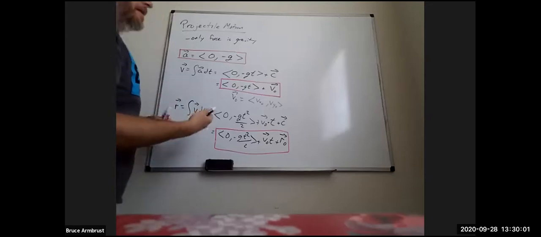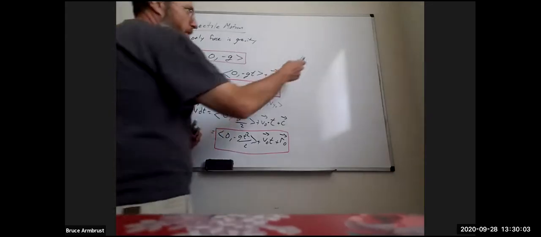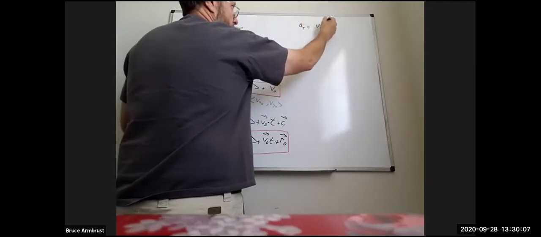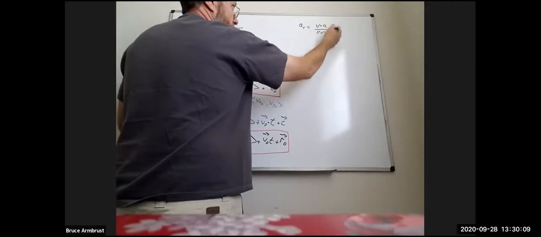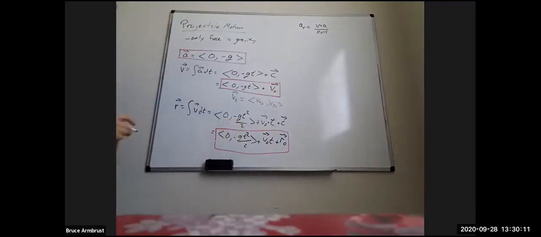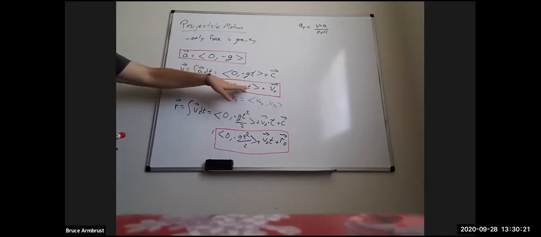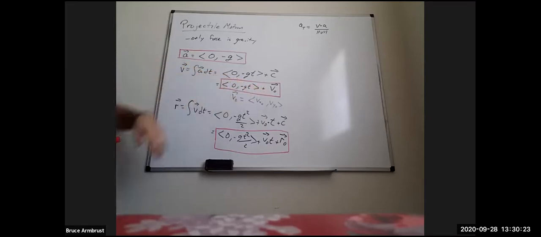Okay, well, let's see if we can calculate the A sub n. So we're going to want to do what we did before for the A sub t. We're going to do v dot a divided by the magnitude of v. The v dot a we're actually ready to do. You'll notice that this is going to be 0 dotted with whatever this thing gives us. That doesn't really matter, so that 0 is gone.